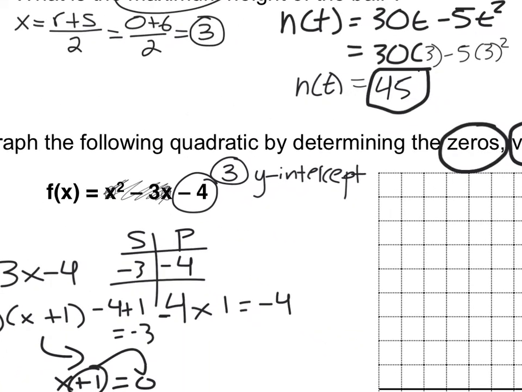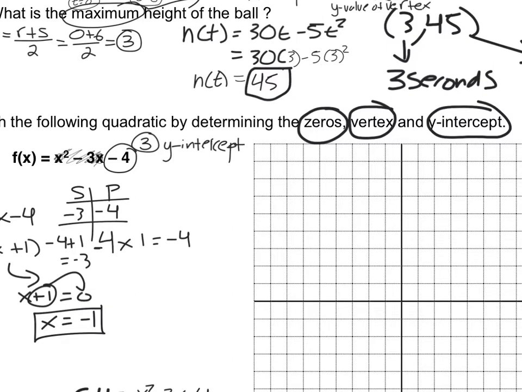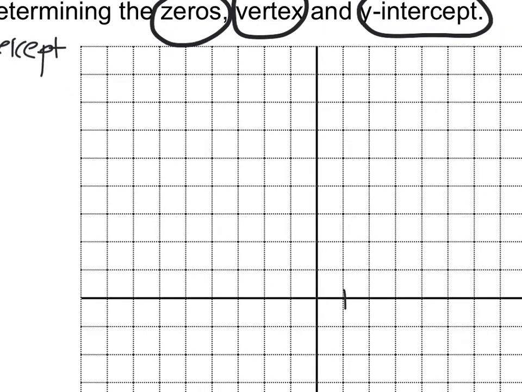So now we're going to go over to our graph paper, and we'll do a quick sketch. My two x-intercepts are at 4, 1, 2, 3, 4, and at negative 1, and I'll put two dots to represent the x-intercepts.